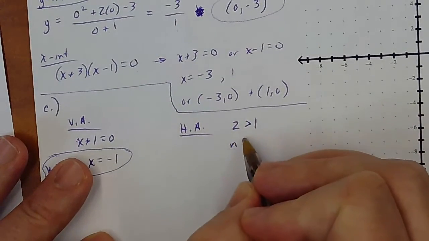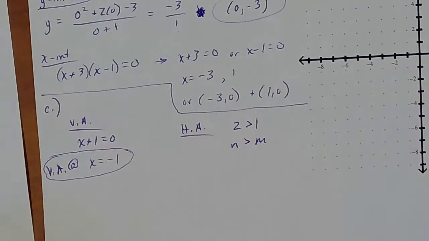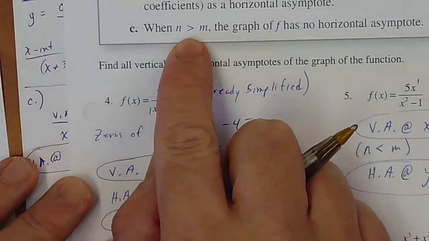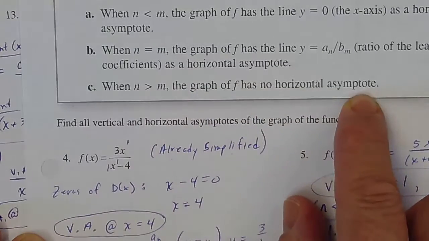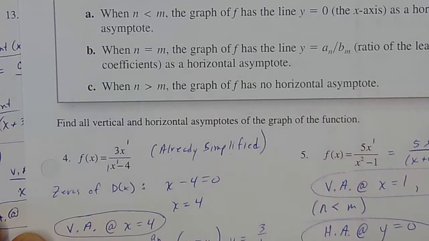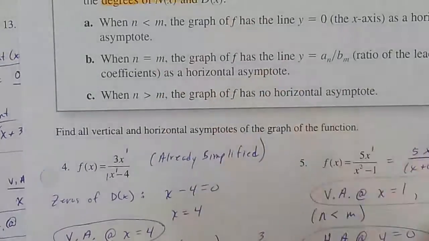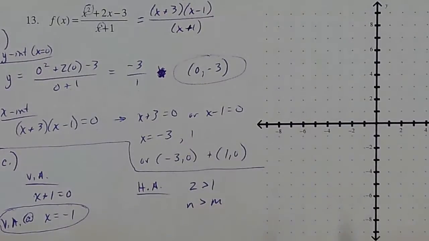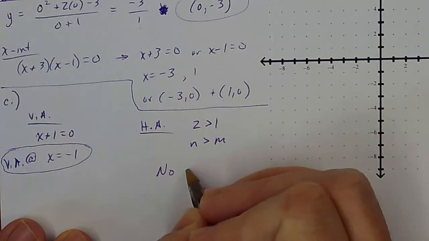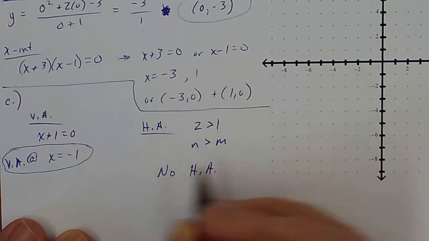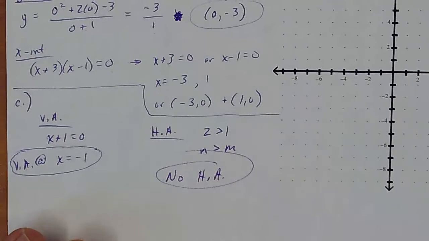So when n is greater than m, the degree is higher on top, and the graph has no HA. That's it. There might be a slant asymptote, but there is no horizontal asymptote. So all you got to say is no, write out the words or just abbreviate it if you want. Okay, that's it for today.